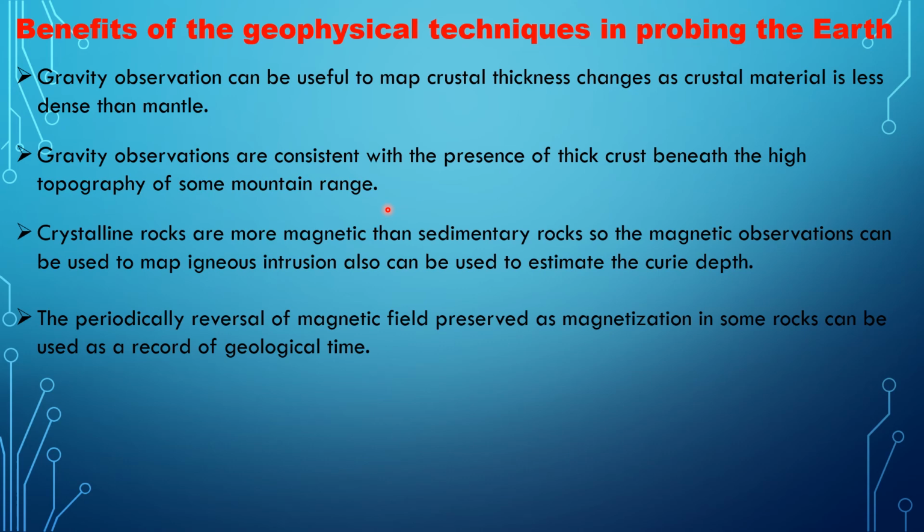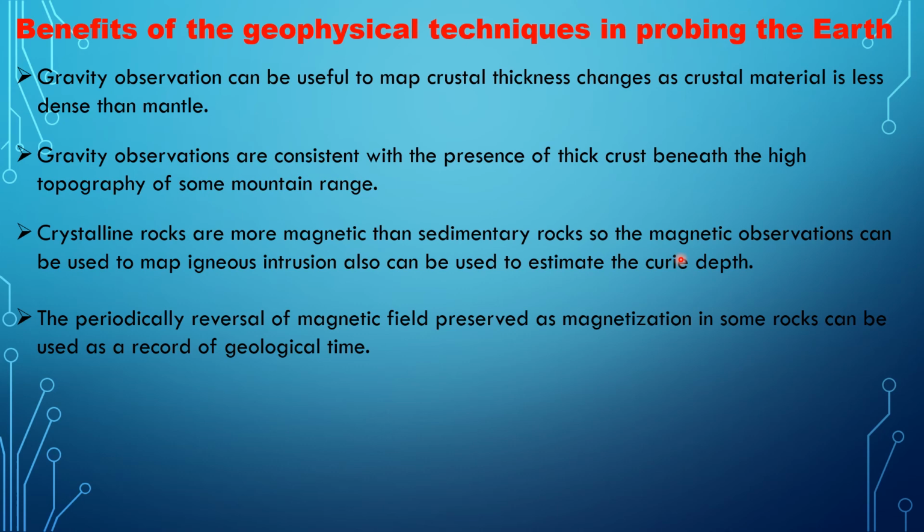Now from the magnetic method, you know crystalline rocks, that means igneous rocks, are more magnetic than sedimentary rock. So to map igneous intrusions, we can use magnetic observation, and it can also be used to estimate the Curie depth. You know that above a certain temperature, a ferromagnetic material loses all its magnetic property and becomes a paramagnetic material.